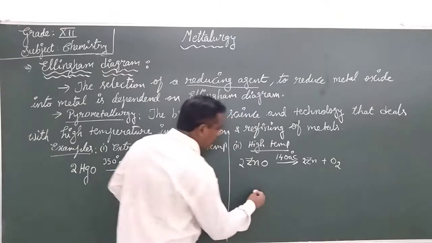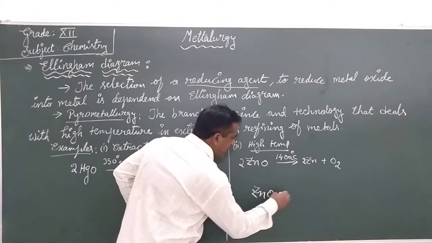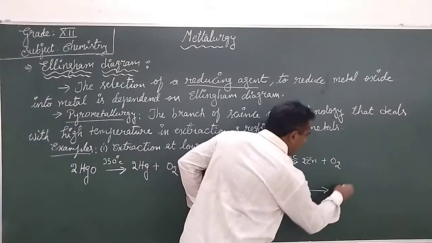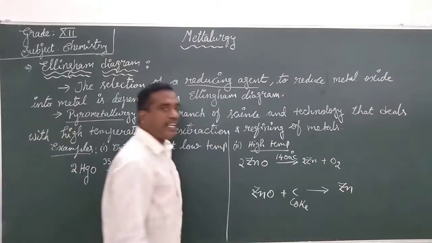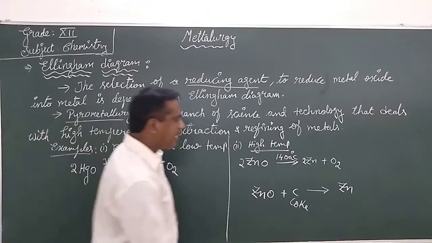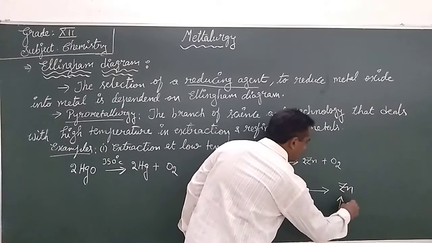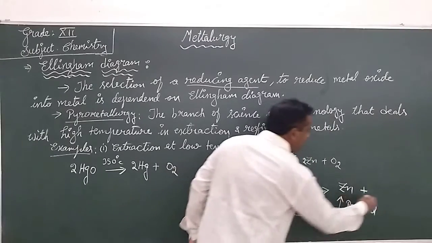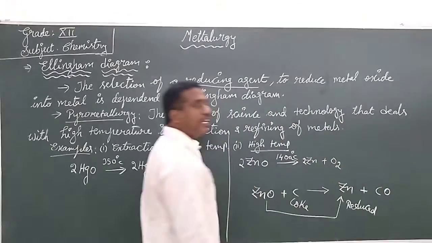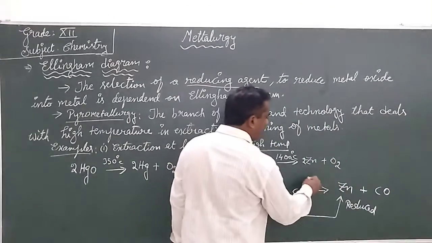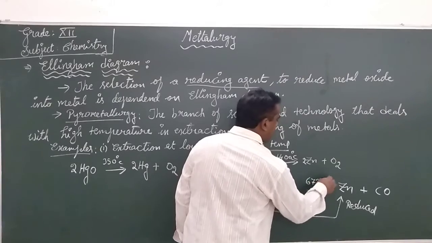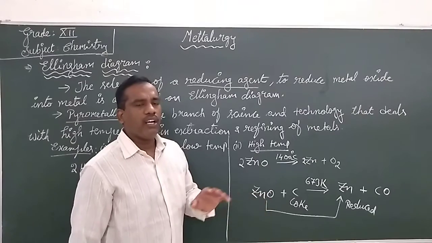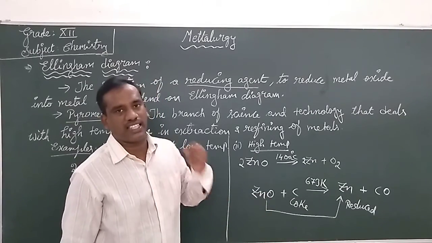In the last class we got the point: zinc oxide when reacted with coke is getting reduced. Which is getting reduced? Zinc oxide is getting reduced to metallic zinc, and coke is oxidized. This is achieved around 673 Kelvin, or around only 400 degrees Celsius.